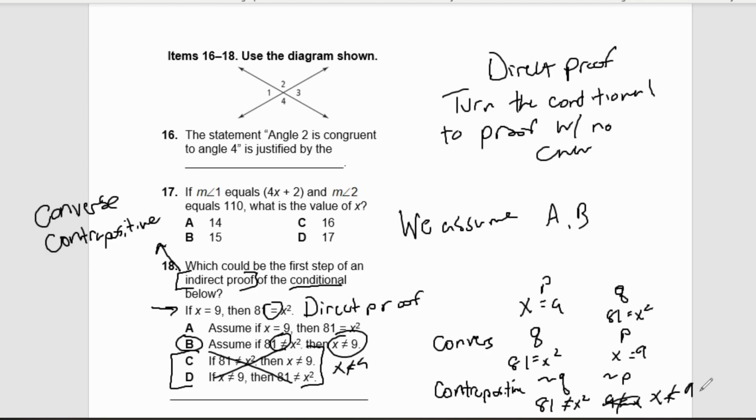But those are equivalent statements either way, so we're good. So that is how we would check that. And since contrapositive is what B is, and it starts with assume, that is our first step in a proof, indirect proof by contrapositive.